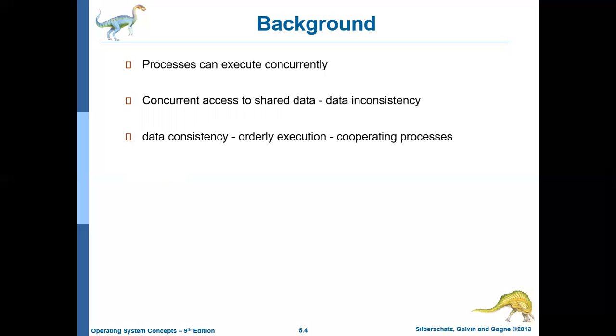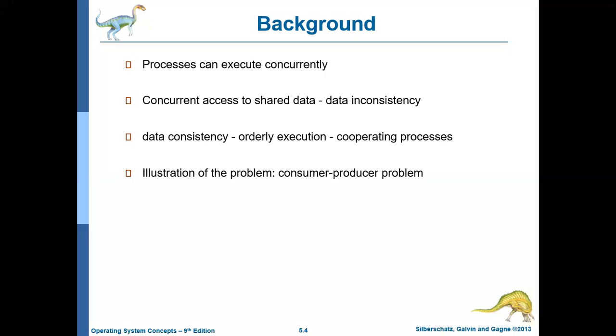That is, either process 1 should execute first and then process 2, or process 2 first and then process 1. If these two processes execute in an orderly way, then they are said to be synchronized.